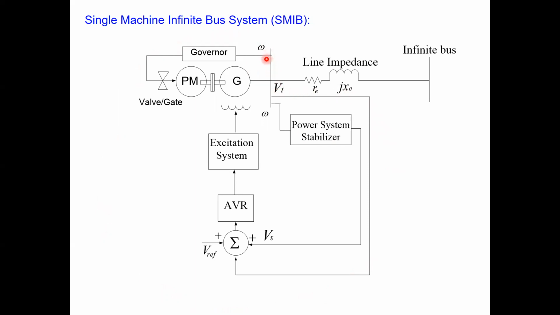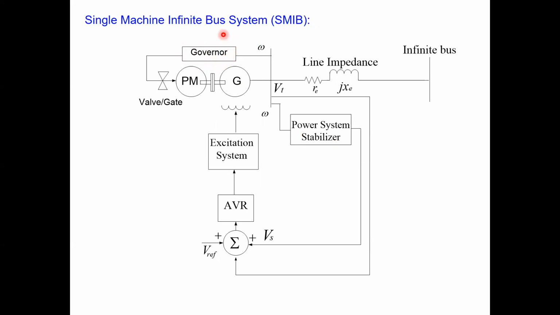This generator is coupled to the prime mover, which could be a steam turbine or a hydro turbine. The steam inlet or the water inlet to the turbine is through the valve or the gate control, and the control of this valve or gate will be through the governor.